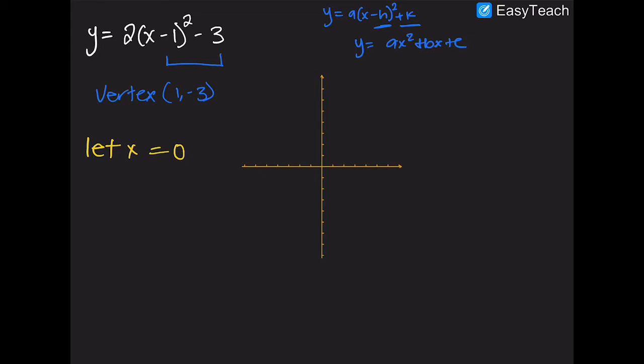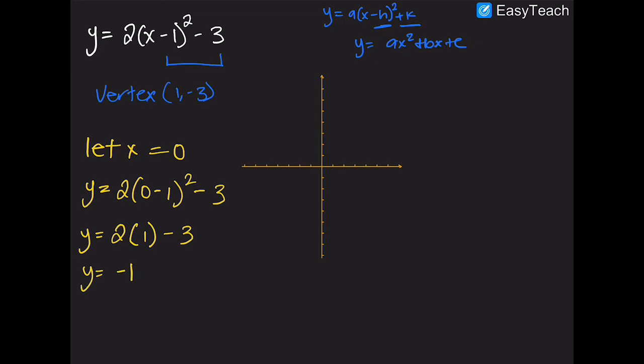Wherever we see x, we're going to plug in 0 in our equation. So y equals 2(0 minus 1) squared minus 3. y will be equal to 2 multiplied by 1 minus 3, which is equal to -1. So y is going to be equal to -1 when x is equal to 0. So our point here is 0, -1.